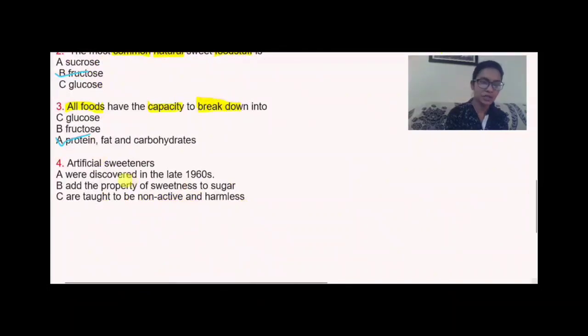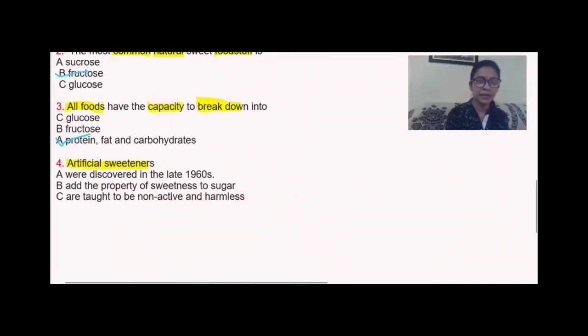Use the elimination method here. These are the options here. Were discovered in the late 1960s. We can't find this option over there. The second one is add property of sweetness to the sugar. They are not talking about this option for any property of sweetness.